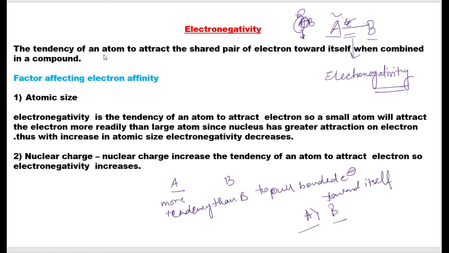Tendency of an atom, keyword, to attract the shared pair of electrons towards itself. So what will be the factors? Same factors we used to study the influence for electron affinity.